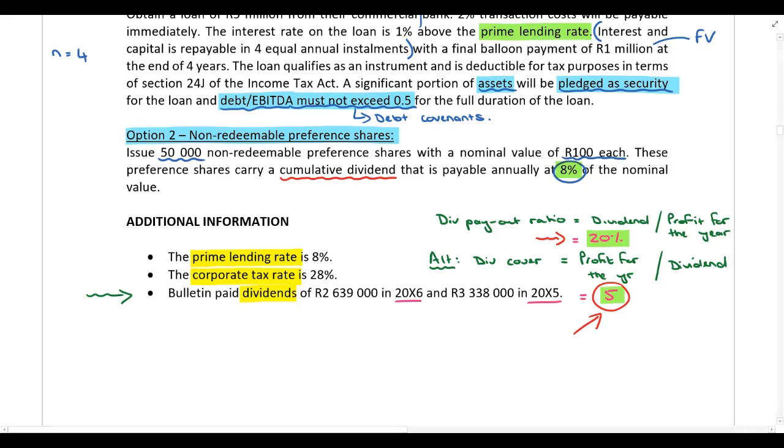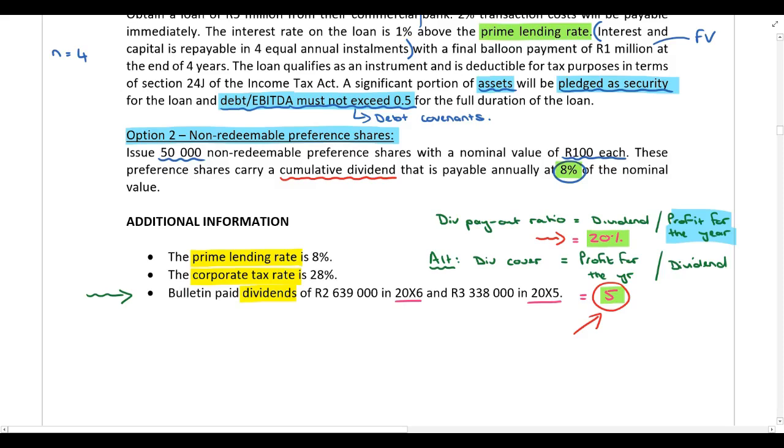So just because the company has made a profit and they're paying out 20% of their profit as a dividend does not necessarily mean that they have enough cash available for that dividend payment. So they always need to consider whether there is actually enough cash available for the dividend payment. Just because there are profits available doesn't necessarily mean there will be cash available. There's a difference between profits and cash.